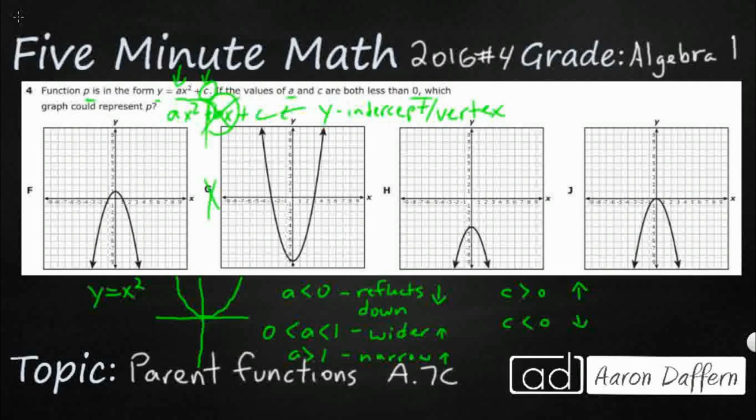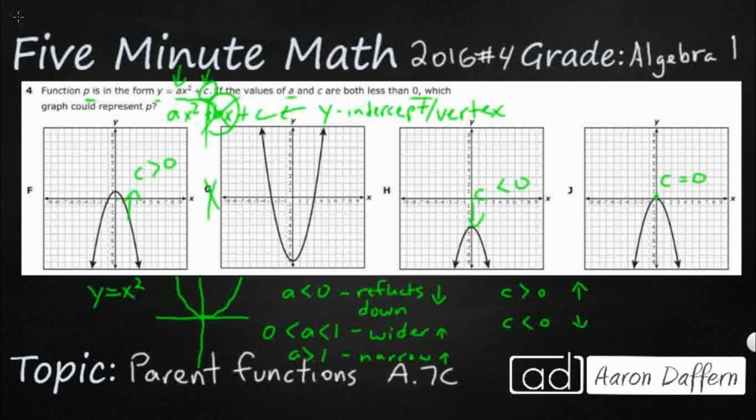F actually moves it up a little bit from the origin, so this has a c that is greater than 0. And look at this j. It's still at the origin, which means c equals 0. It didn't move anywhere. So I'm thinking it's h because that c is less than 0; it went from the origin down. Let's see if we can test this out.